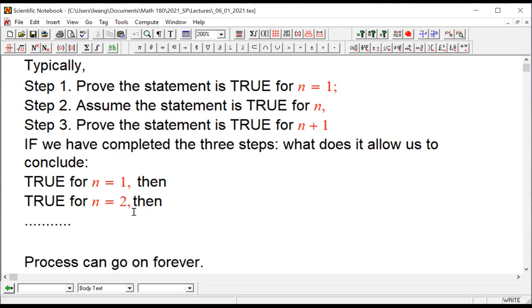So we don't have to worry about verifying each one of those cases. Does that make sense to you guys? All right, so let's get started.